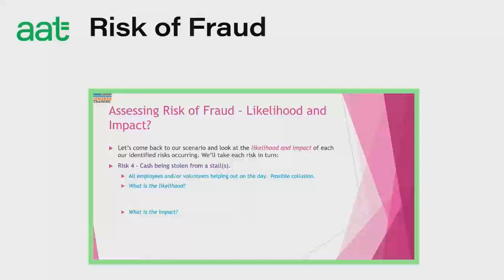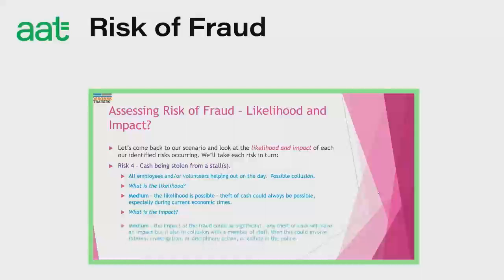Our fourth risk was looking at cash being stolen from one of the stalls. Any or all employees potentially could be involved, although you'd hope not. The likelihood, medium. Theft of cash could always be possible, especially during these current economic times. So this is again when we're linking back our scenario to what's going on in real life.